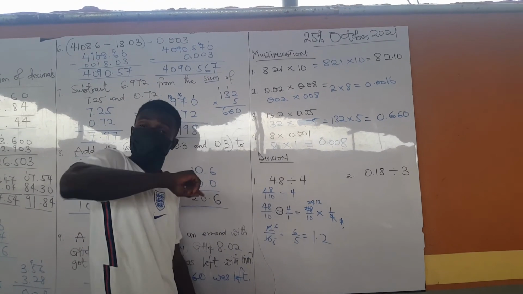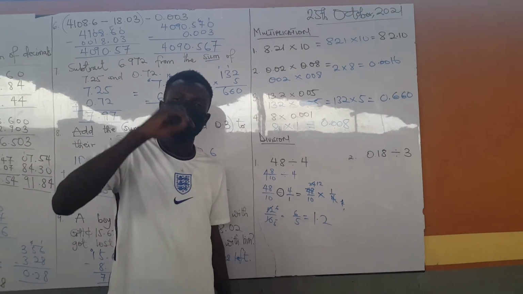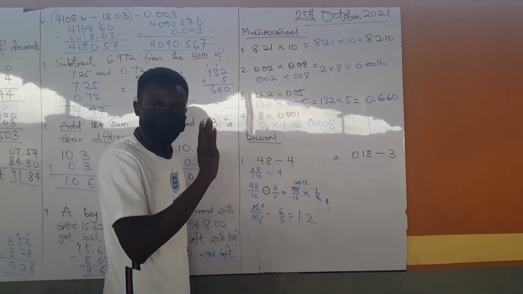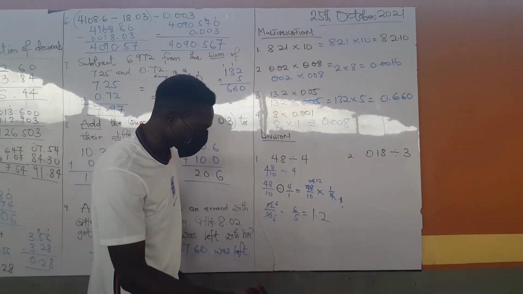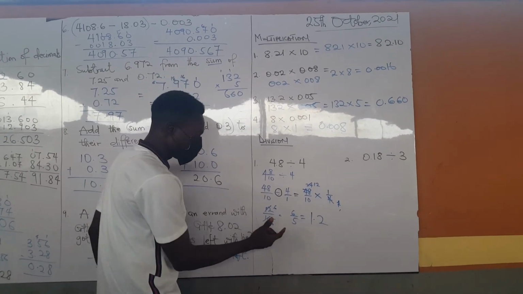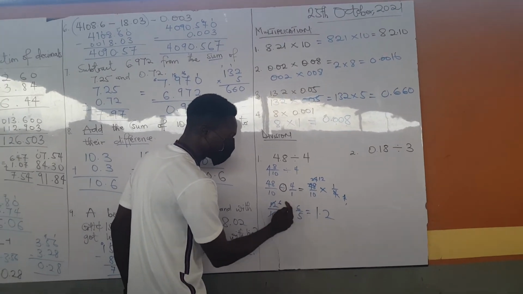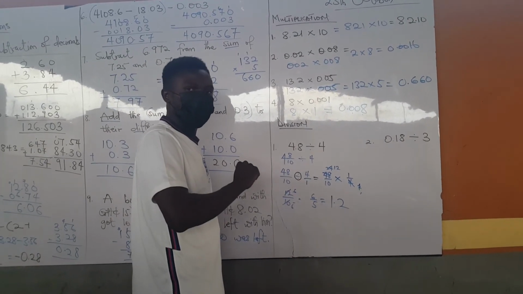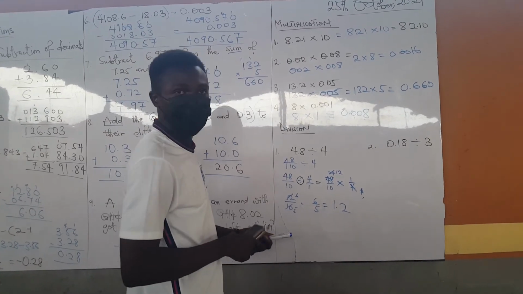Why? Because we are dealing with decimals, not common fractions or improper fractions. But we have to change them into that form to be able to solve it. And in our previous video, we talked about how to change common fractions into decimals. So it will give us 1.2.